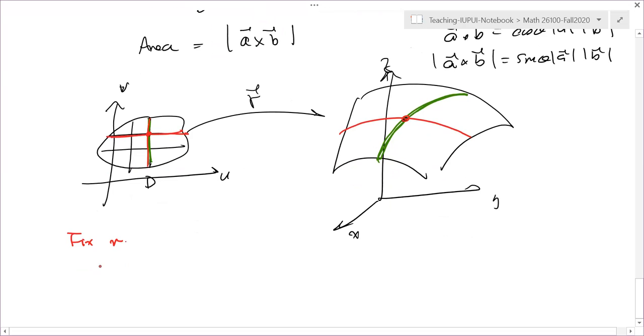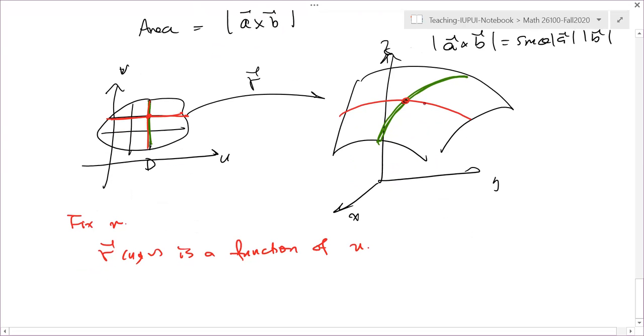r(u,v) is a function of u, right? So you get a curve. When u changes, you get a curve. So how can I find the tangent vector to this curve, right?